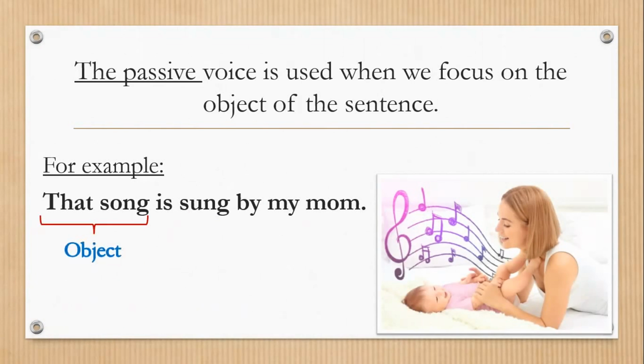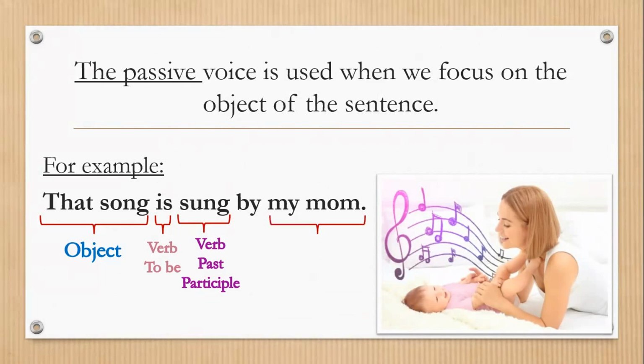First, we have the object, then the verb to be, then the verb but in past participle, and then the subject.